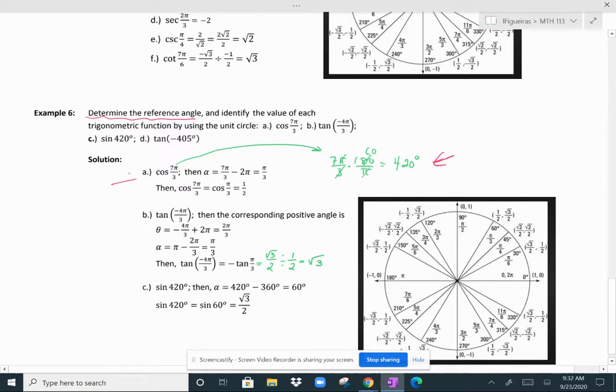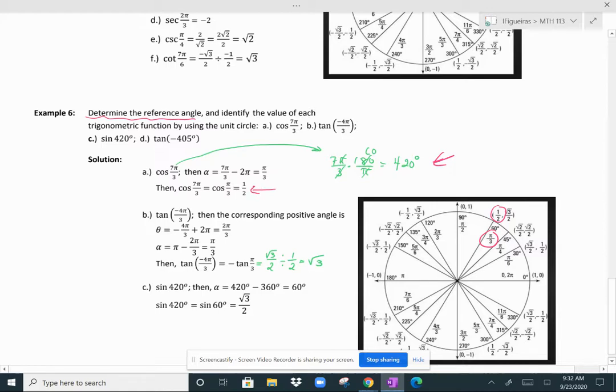That means I've gone beyond one rotation. So instead of subtracting 360, I'm going to take away 2 pi from 7 pi over 3, and that gives me pi over 3. So that means I'm in quadrant 1. I'm right here. And cosine is the first coordinate, which is a half, which is exactly what we got.